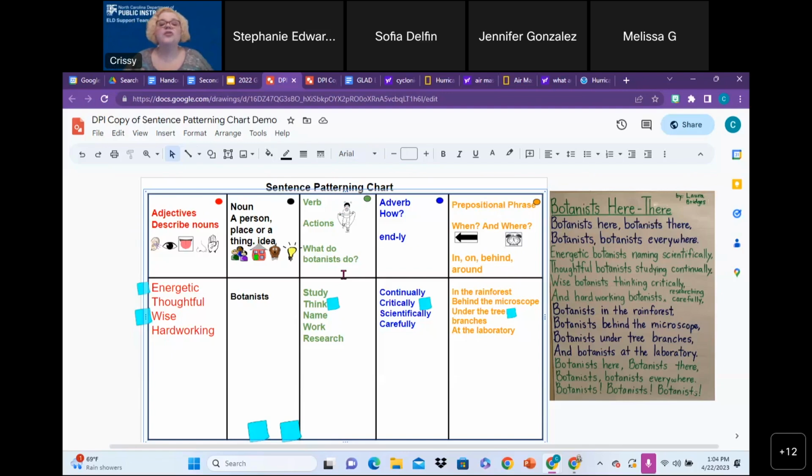So there are lots of different ways to adjust the chart to the proficiency level of your students. As I mentioned, we can go to the verbs and conjugate them, with different tenses. So many different ways the chart can be used. It's just, I think, a very powerful strategy.